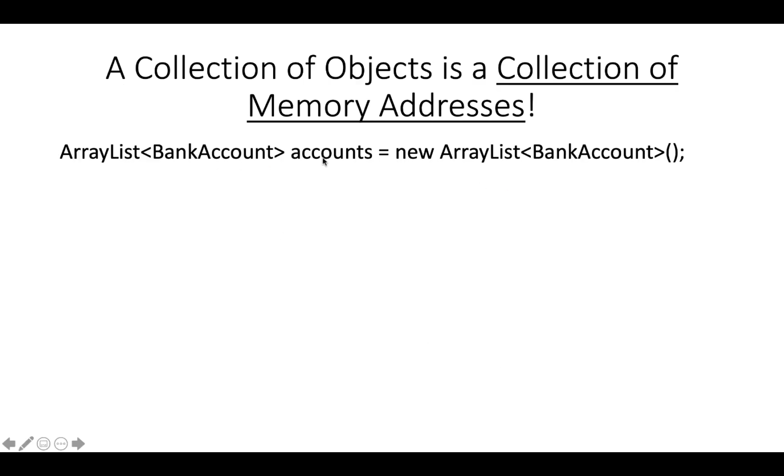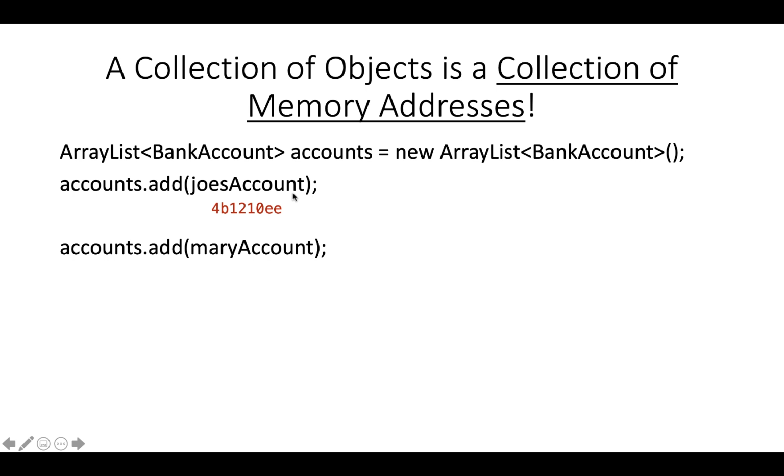So here I've got my array list that stores bank accounts. When I add Joe's account, it's again just the memory address for where his information is stored. So I'm adding this memory address to an array list. Same thing when I add Mary's account, I'm adding the memory address where Mary's account is stored to this array list.